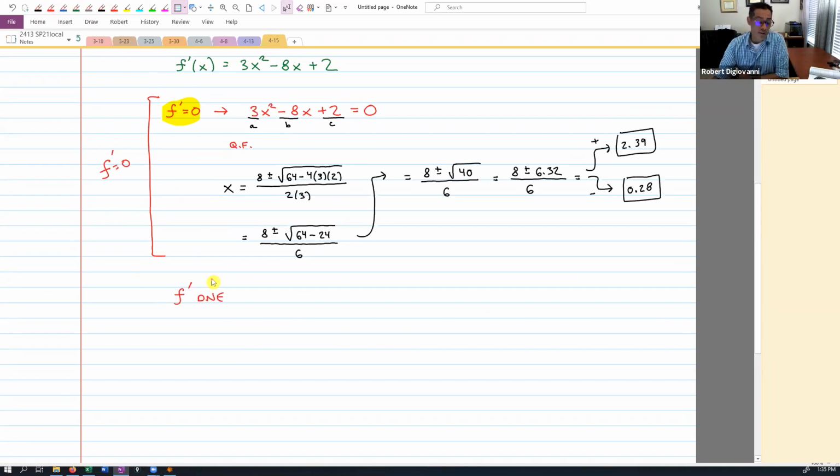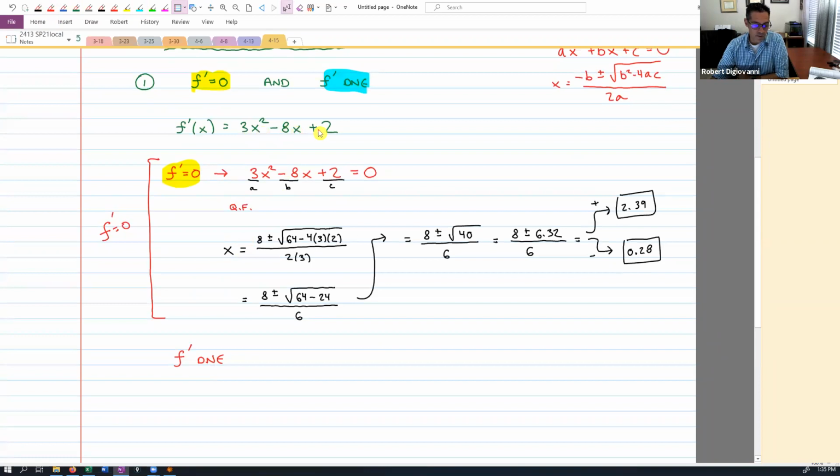Well, does the derivative ever not exist? Look at the derivative. It's always going to exist. There's no problems with this. You can always take a number and square it and subtract 8 times that number. There's no numbers I can plug in that are going to cause a problem. So this is not something we need to worry about. Now, look, there will be problems where we have to worry about it. Just this is the second example.